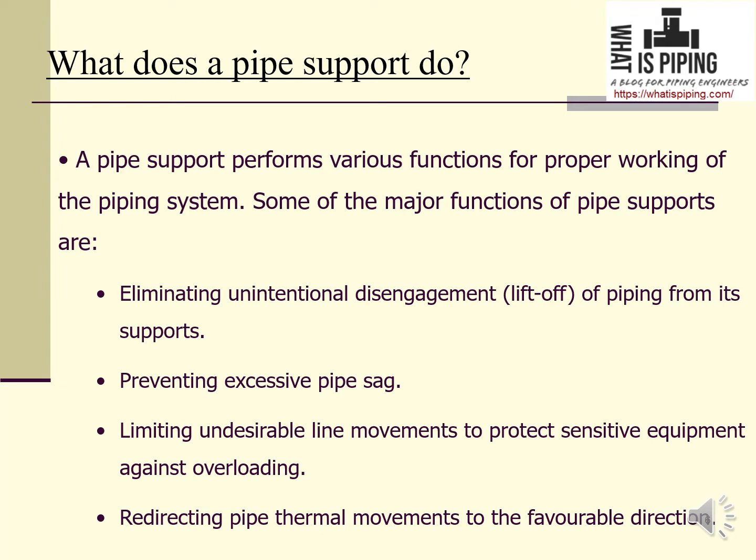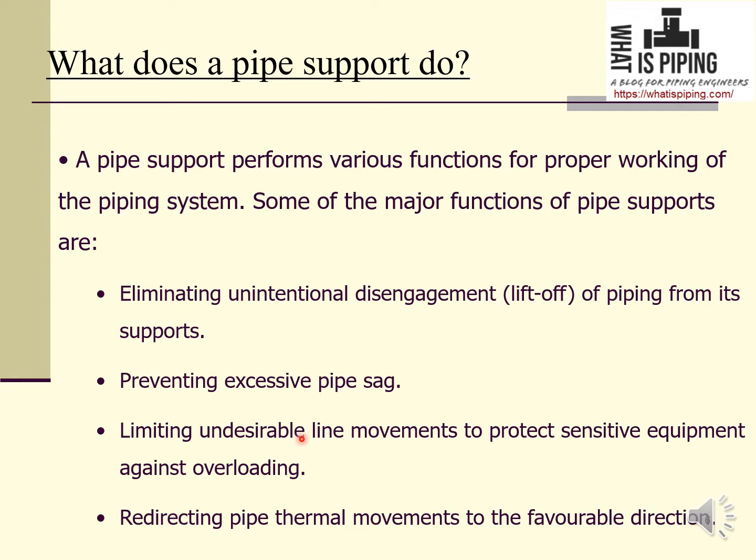Usually for B31.3 piping, the allowable piping sag is 15 mm. For B31.1 piping, the maximum allowable piping sag is 2.5 mm, and for GRE piping, it is 12.5 mm. So we have to provide the supports in such a way that it does not exceed the sagging as fixed by these codes or standards.